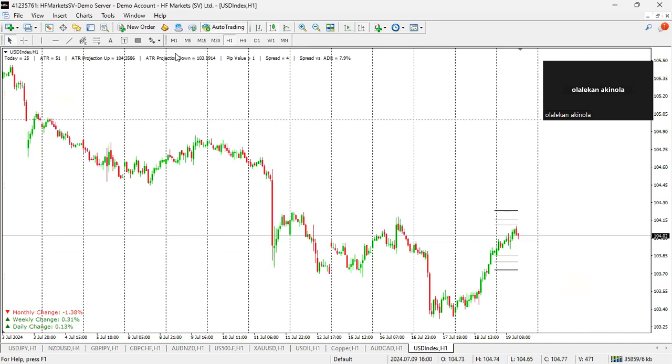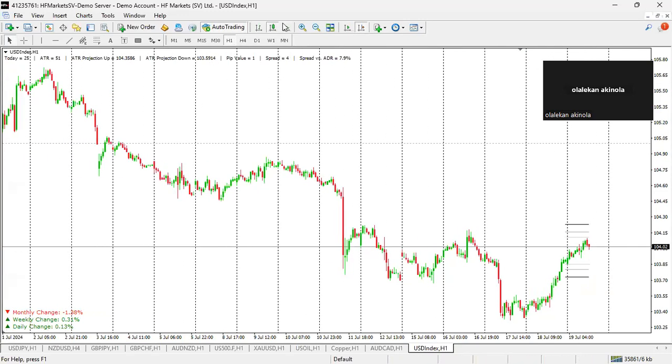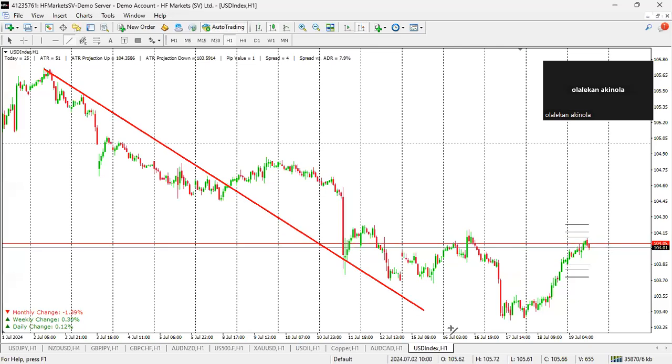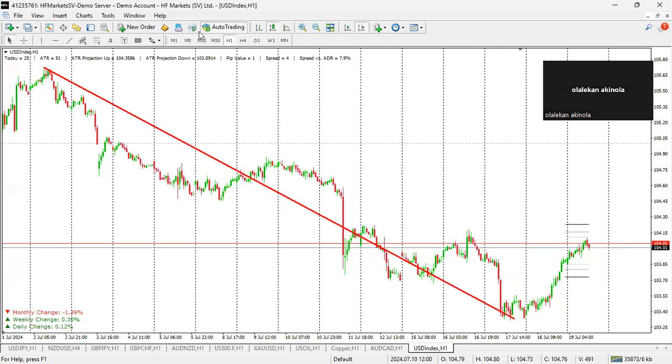It stopped price. Having crashed for a couple of days, you can see this movement lower. You can see what happened somewhere around here. Price started struggling, and then what followed was price rebounding. Up until Wednesday, the dollar was still losing value, until we saw a change in market direction.